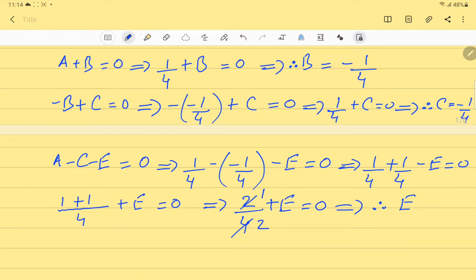So the value of e is equal to 1 over 2. My mistake, this e is minus here. So e will come out to be 1 over 2.